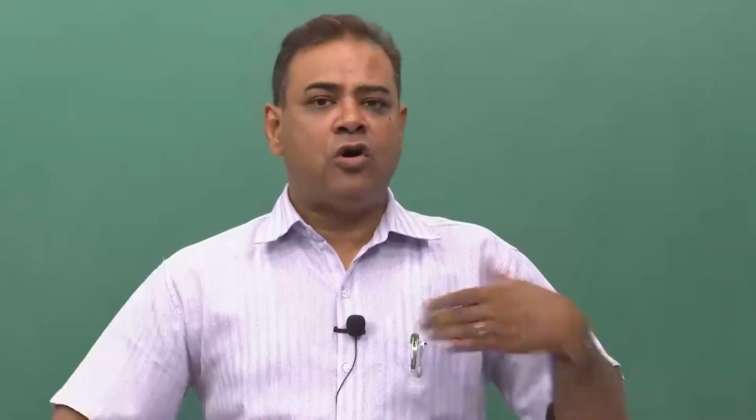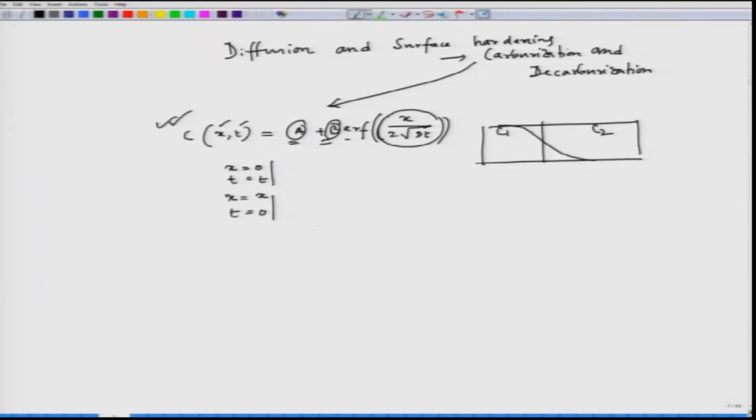Or when you do heat treatment in a furnace, there will always be a possibility of decarburization in case of steel. And if we keep, let us say, at 900 degrees Celsius, a particular steel composition, a particular carbon percentage, for a certain time, we can also calculate the decarburization case depth by solving this equation. So, this one also we looked at in our previous lecture.